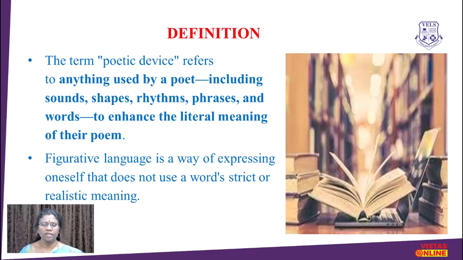A word sometimes may have a double meaning, a literal meaning and a contextual meaning. The term poetic device refers to devices such as sounds, shapes, rhythms, phrases and sometimes words to enhance the literal meaning of the poem. Figurative language tries to give a connotative meaning.